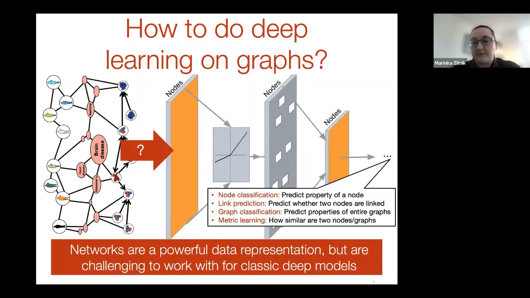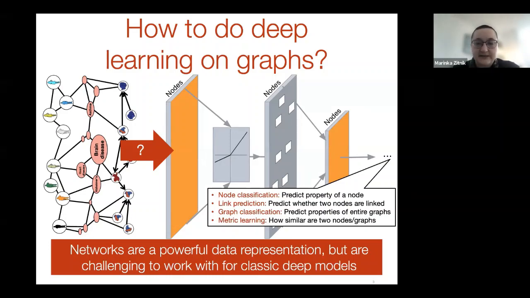For example, we might be interested in predicting properties of nodes in the graph. We might be interested in discovering new relationships and associations between nodes, predicting properties of entire graphs, or just trying to learn the underlying metric that describes well the structure of those graphs. Graphs or networks have turned out to be a very powerful data representation, but are challenging to work with for classic deep learning models.